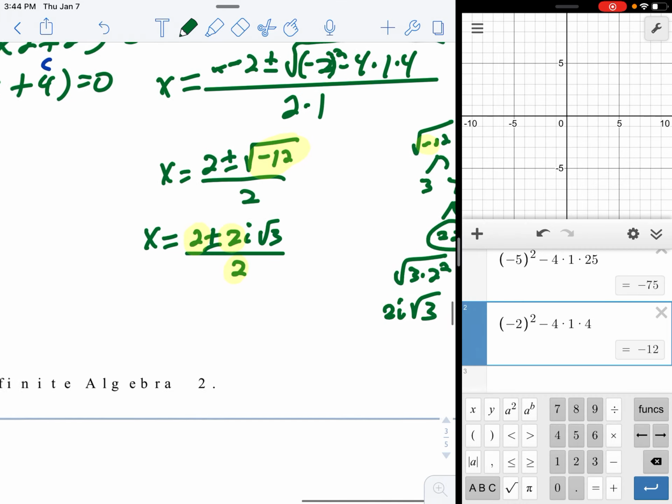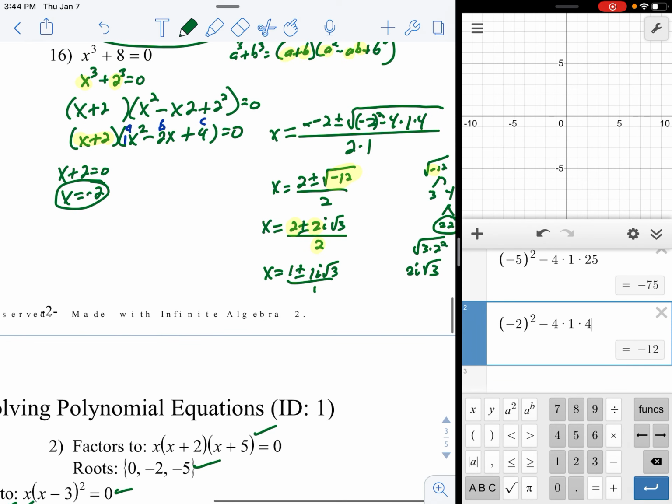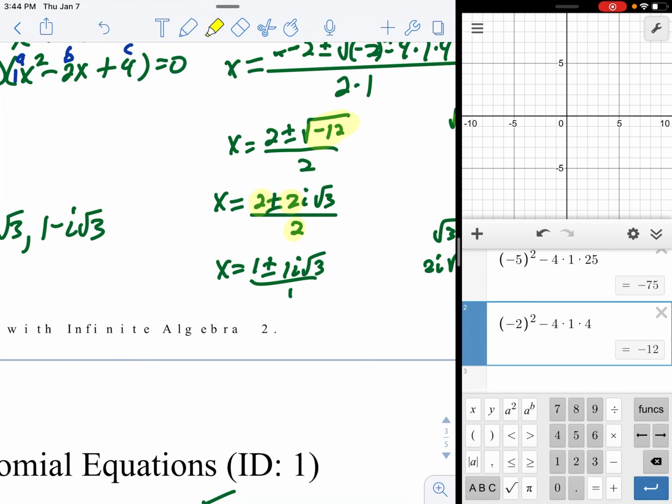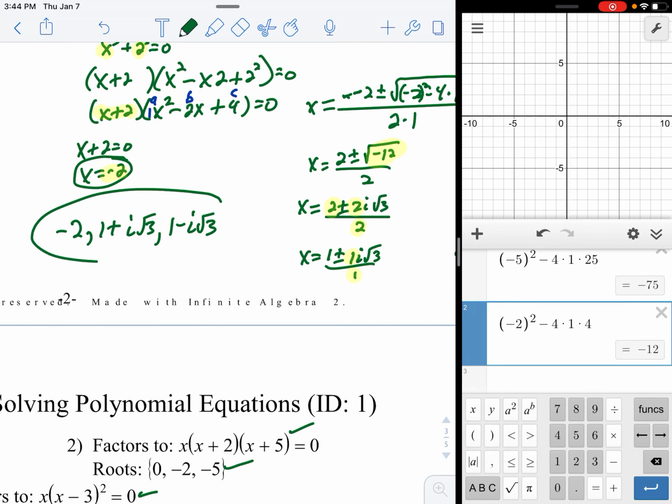You can reduce this like any fraction, and you end up with 1 plus or minus i radical 3. So our final answer is going to be -2, and then 1 plus i radical 3, and then 1 minus i radical 3. You don't really have to write in the 1 or the i coefficient in your final answer.